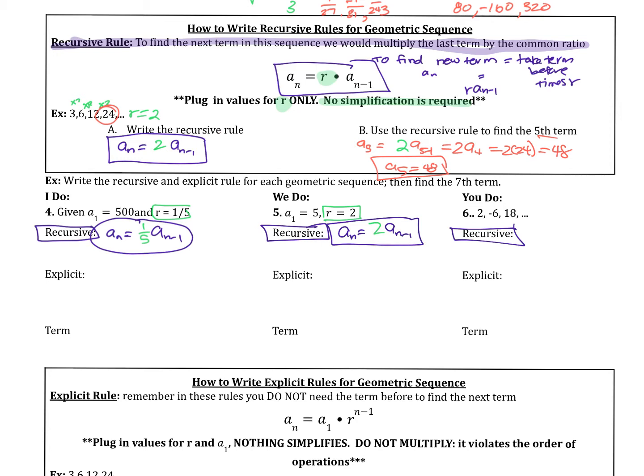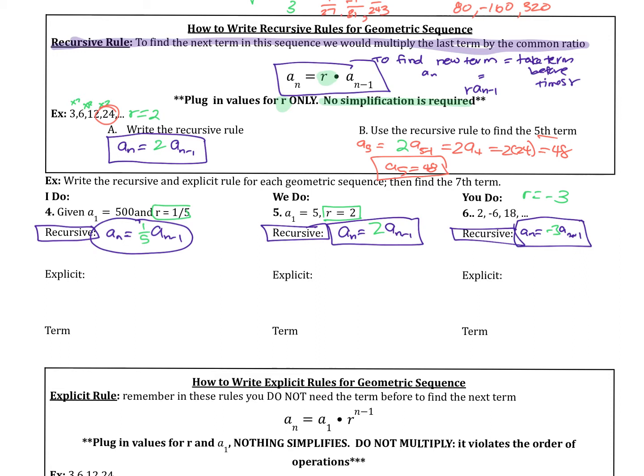Go ahead and write the recursive rule for number 6. You're going to have to identify the r value first. Okay, so r is -3, so a sub n equals -3 times a sub n minus 1.